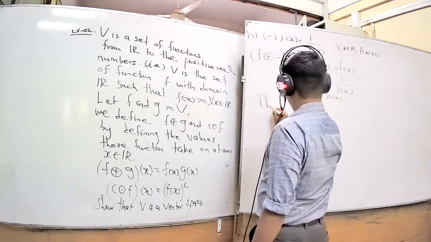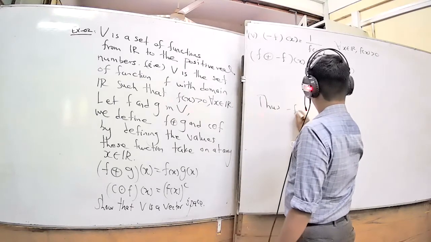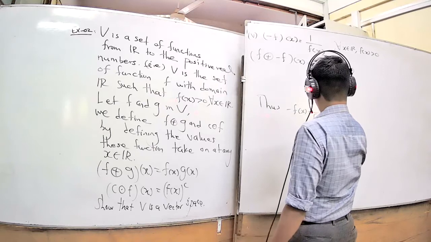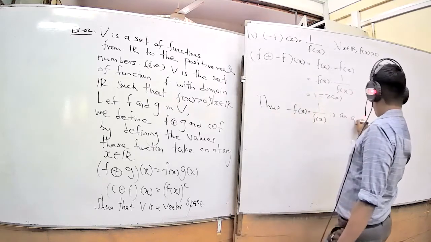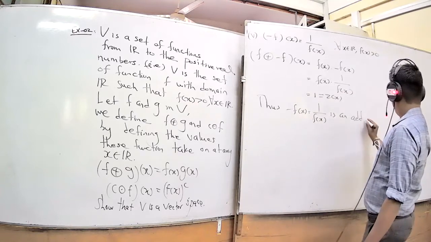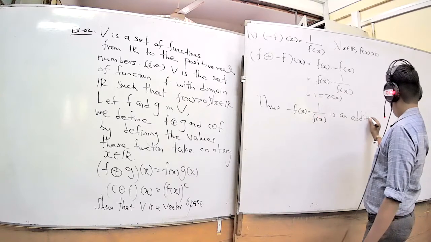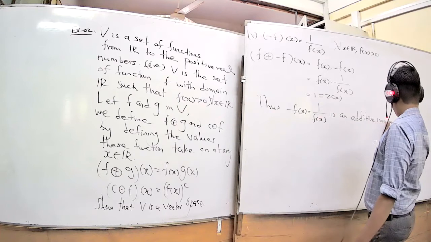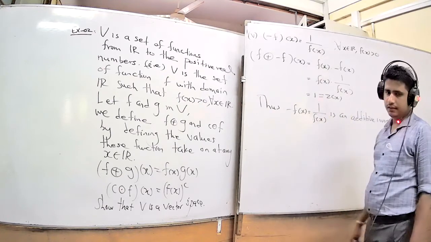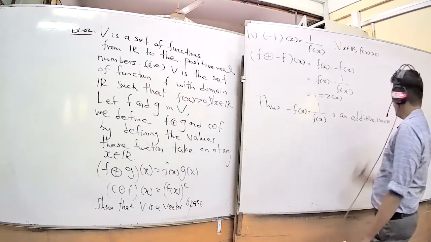Thus minus f of x equal 1 over f of x is an additive inverse. It is your additive inverse. It is your additive identity 1.